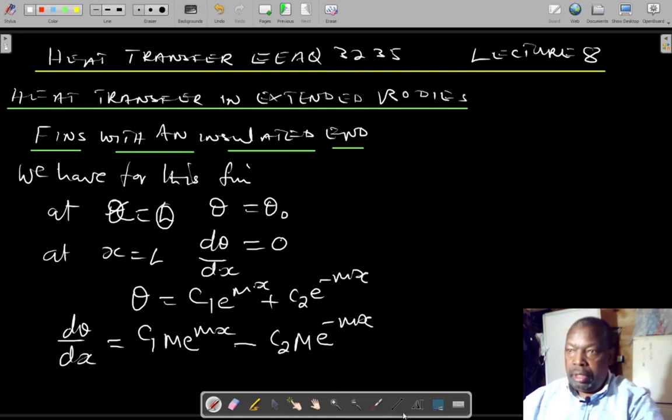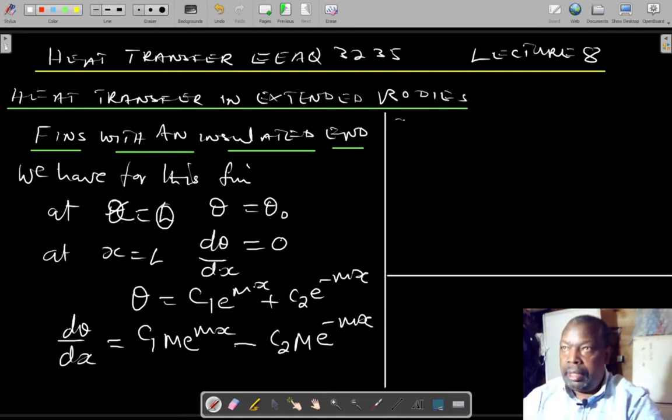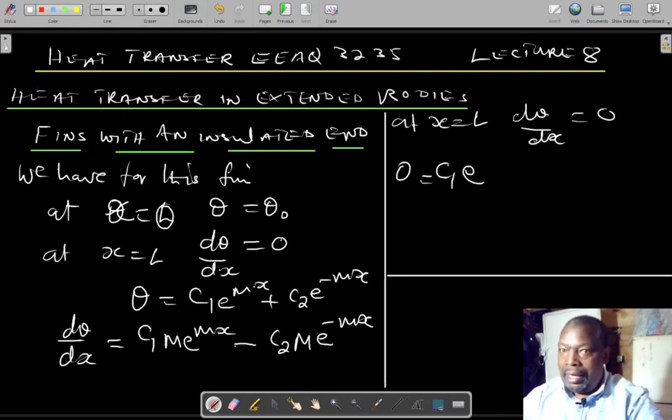Now at x equals L, d theta by dx is equal to 0. So 0 is equal to C1 m e^(mL) minus C2 m e^(-mL).